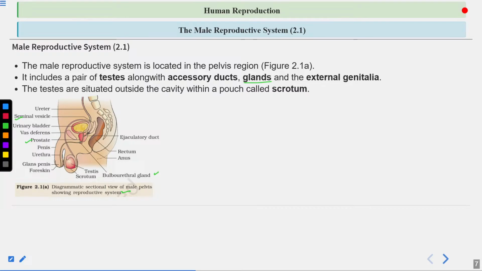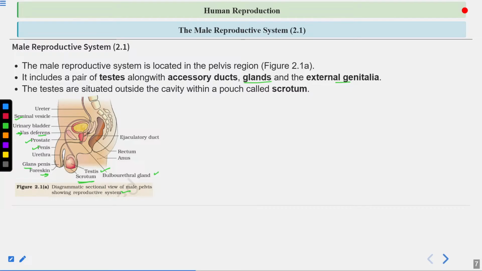Then you can see the penis, which is a part of the external genitalia. Then the vas deferens, which is an accessory duct. Then the glans penis, which is the head of the penis. Foreskin you can see. Testis, which is the primary sex organ.